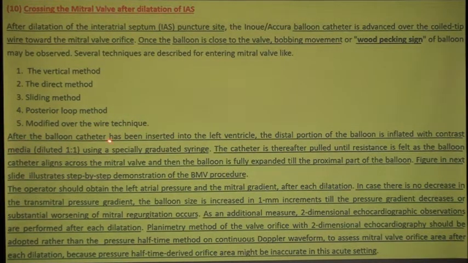After the balloon catheter has been inserted into the left ventricle, the distal portion of balloon is inflated with contrast media. Dilution will be 1:1 using a specially graduated syringe.